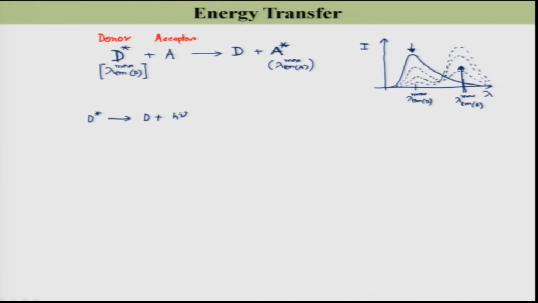And then this h nu is somehow being absorbed by this A molecule to take A from the ground state to the excited state. So, I have first the radiative emission of this photon, and this photon is being absorbed again by this acceptor A. So, this is a two step process and this is known as radiative energy transfer.